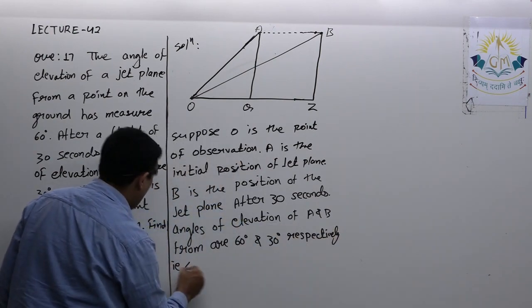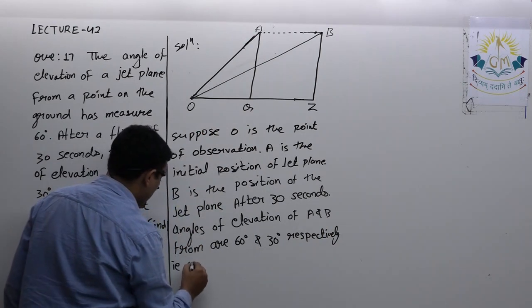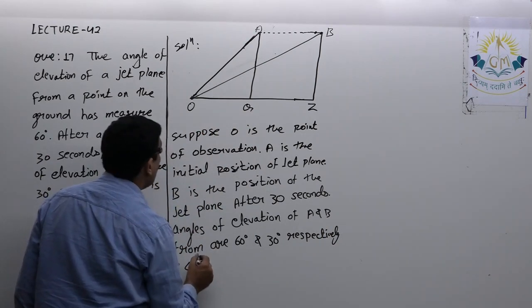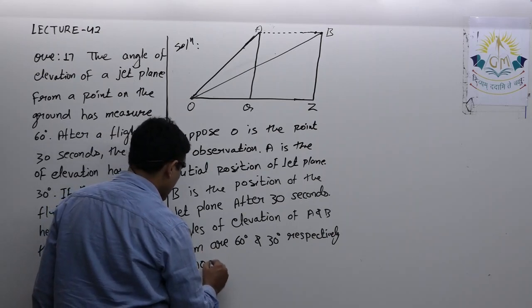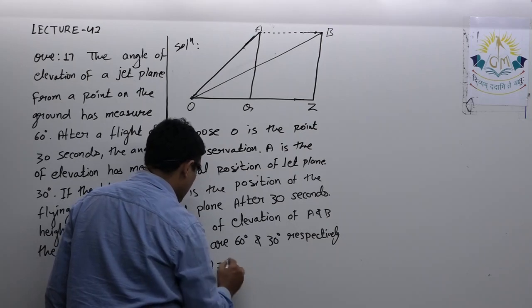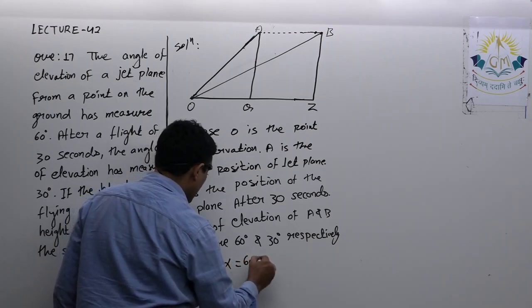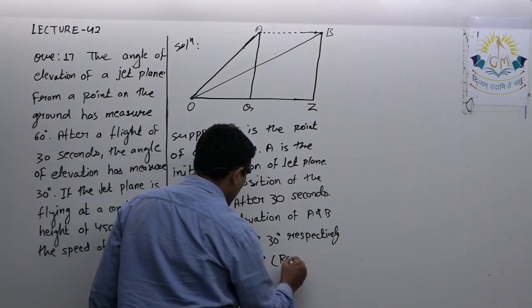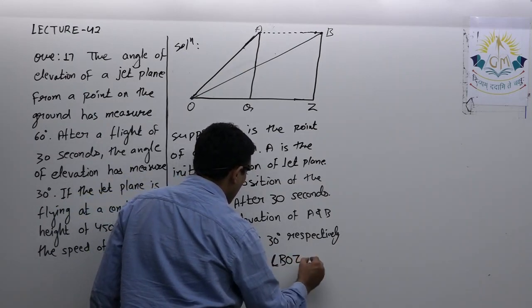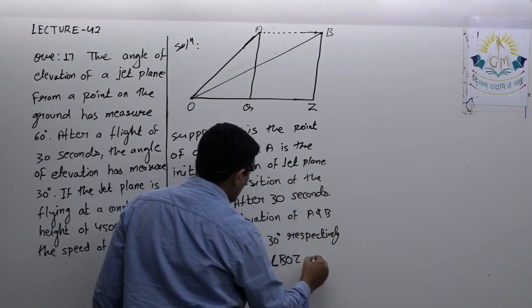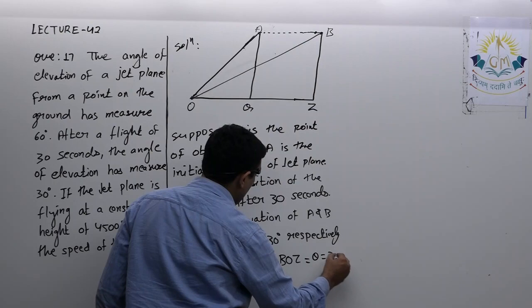That is, I can say angle AOZ or angle AOQ is equal to alpha is equal to 60 degree, and angle BOZ is equal to theta is equal to 30 degree.